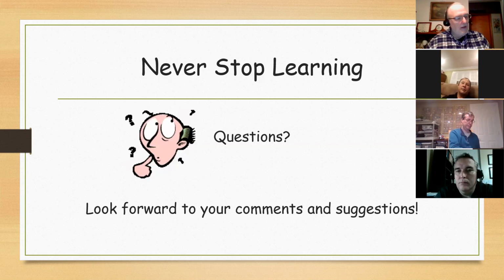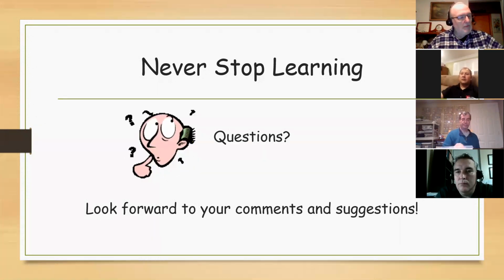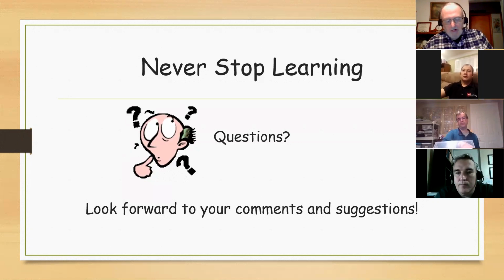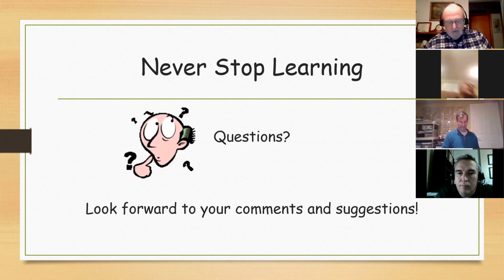The book is called, well, this year's is called the 2020 U.S. Error Coin Guide, and it's by Stan McDonald, M-C capital D-O-N-A-L-D. I know Amazon has it.